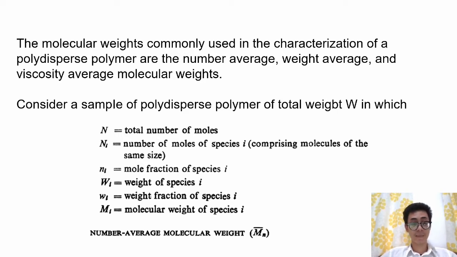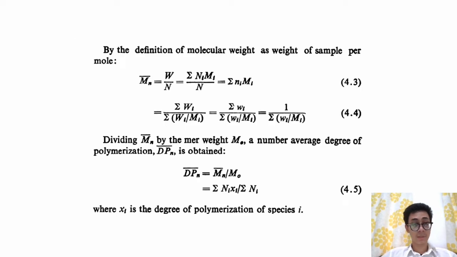Consider a sample of polydispersed polymer of total weight W. By the definition of molecular weight as weight of sample per mole, Mn equals W per n, equal to sigma Ni Mi per n, equals sigma Ni Mi.